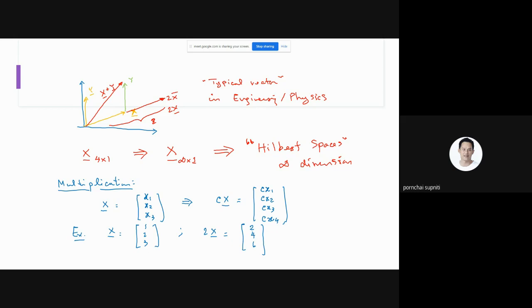Okay. Next, let's look at another operation. This is called inner product. We will hear this term come up quite often. In essence, what is inner product?